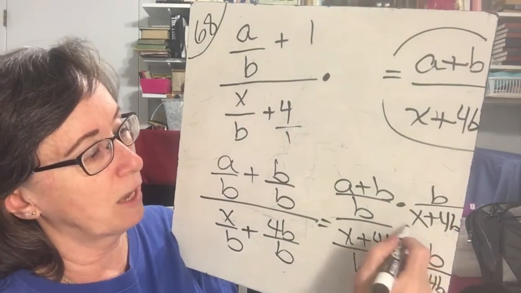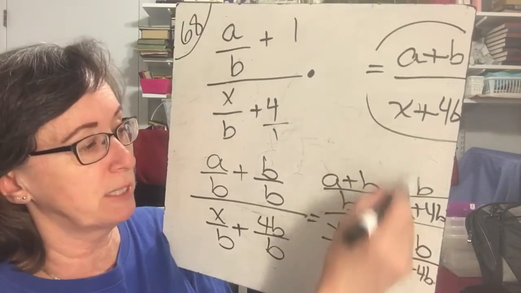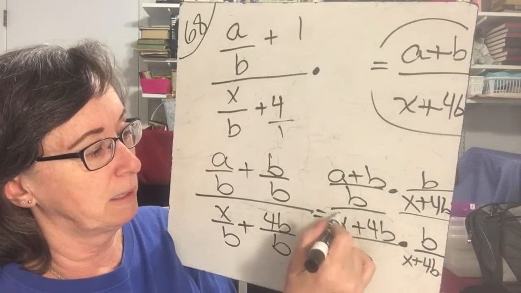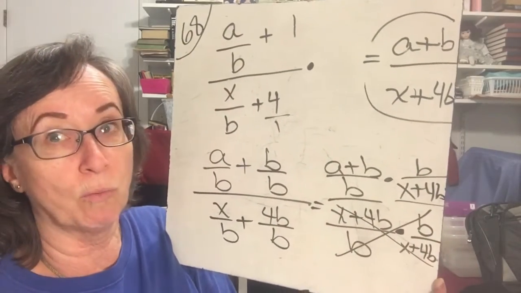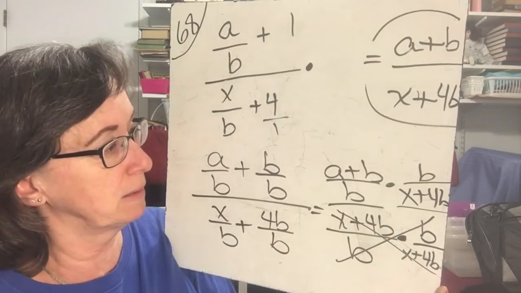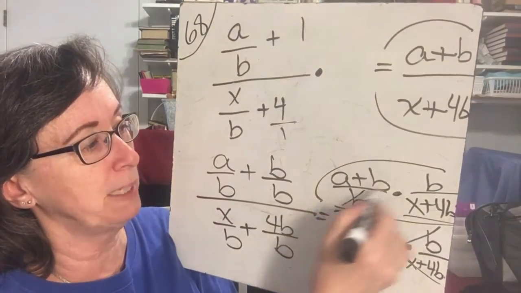Now I multiplied by the reciprocal of the denominator, but I multiplied by the same thing on the top and the bottom. That goes to 1. A number times its reciprocal is 1. Now I'm just multiplying this together, but my B's are going to cancel.